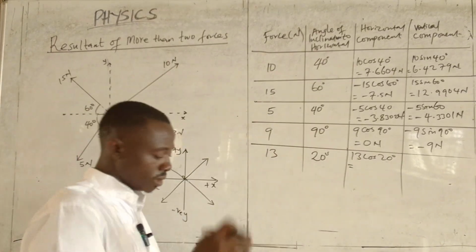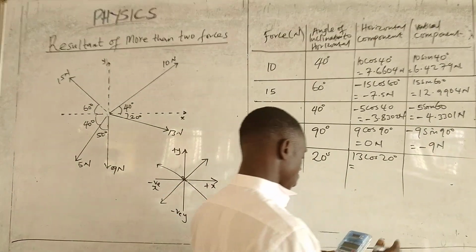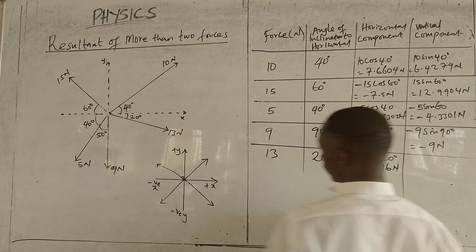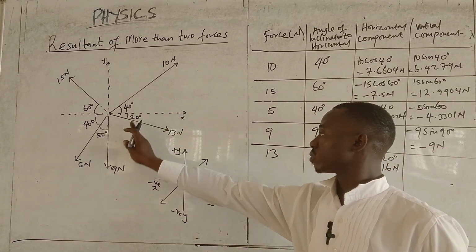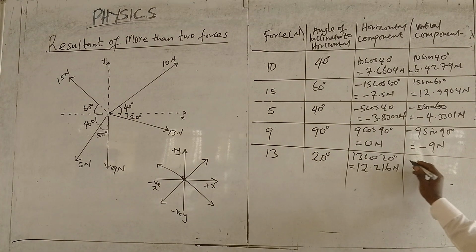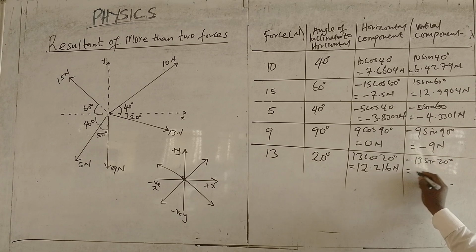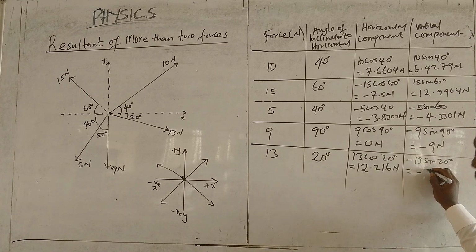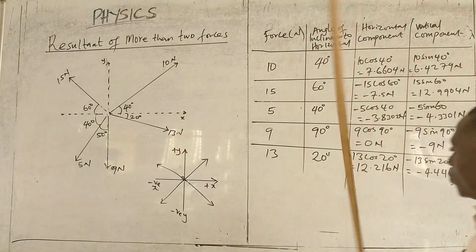And if you find that in a calculator, 13 cos 20, that's 12.216 Newton. Then for vertical, is it going up or down? So it's down, right? Negative vertical, that's minus 13 sine 20 degree. So 13 sine 20 is minus 4.446 Newton. Okay, so we are done with that.